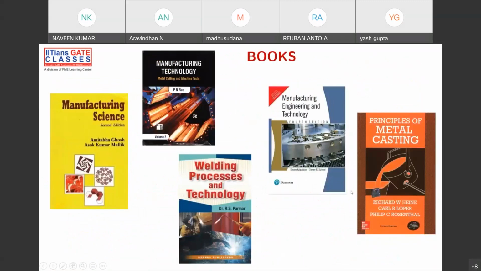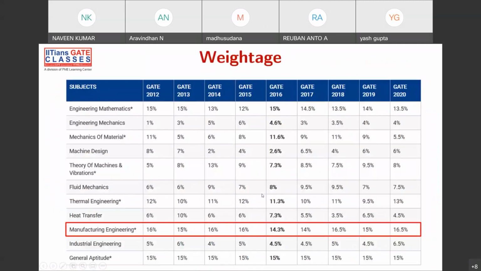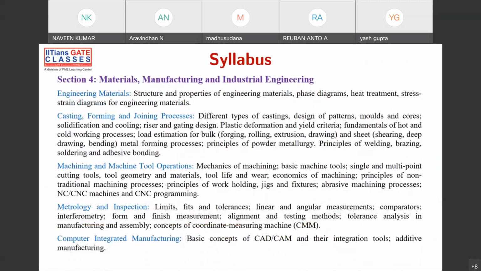Before that, for 1 minute, I want to know how many of you have prepared for GATE this year. Please put the information in chat. There are two people who have prepared for GATE, meaning who have given the GATE examination.